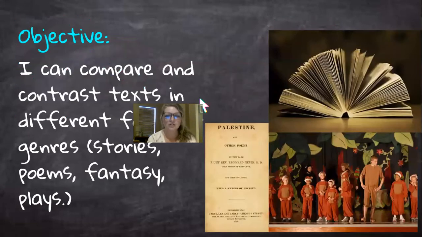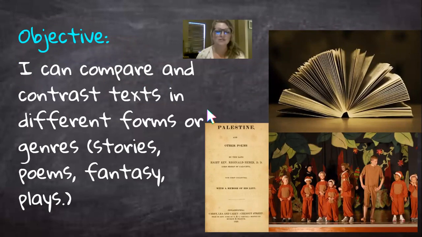Okay, so we're just going to go over the objective one more time so that we really know what we did today in this lesson. So I can compare and contrast texts in different forms or genres, meaning stories, poems, fantasy, plays. Those are just some examples of genres. So the genres we dealt with today, we dealt with poetry in the terms of the lyrics of the song and the poem by Robert Frost.